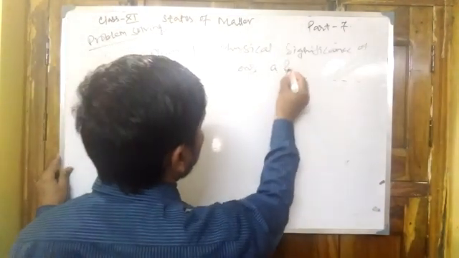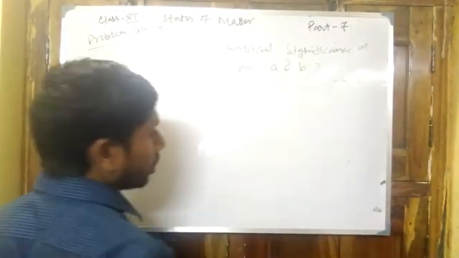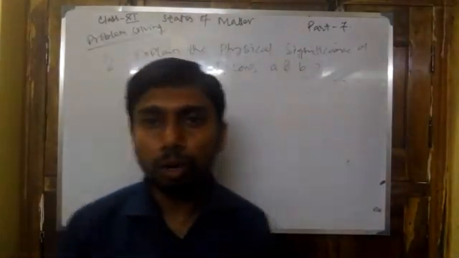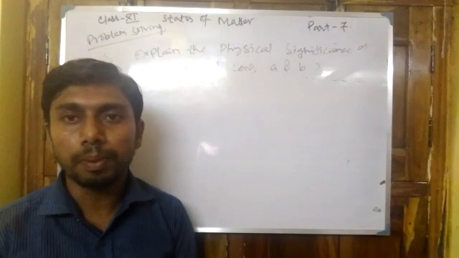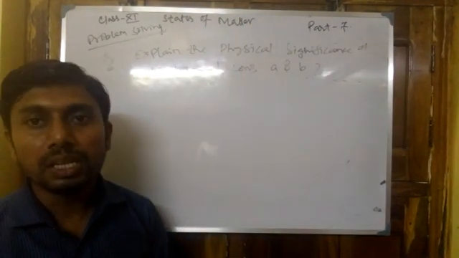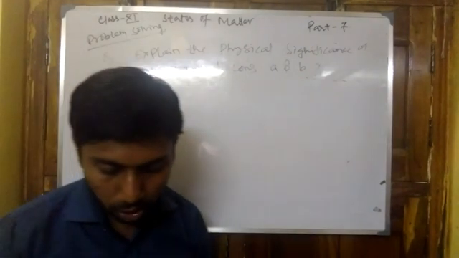Now from the van der Waals equation, a is the part of the pressure correction and b is the part of the volume correction. So a is the pressure correction and b is the volume correction.